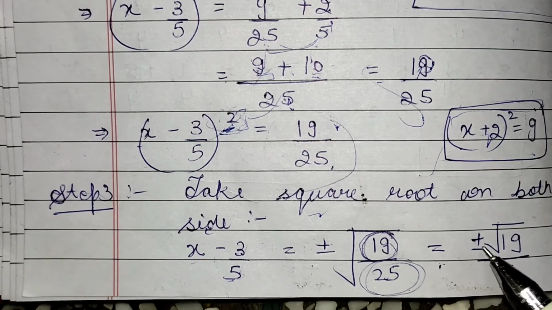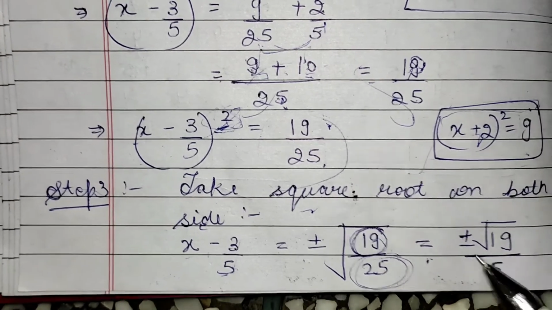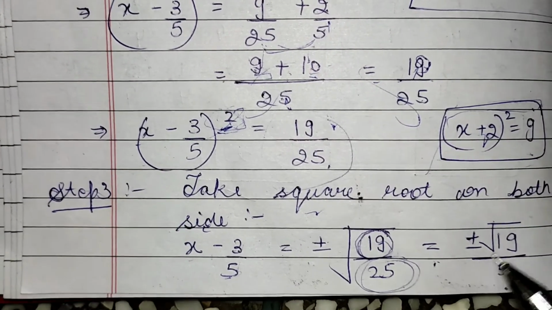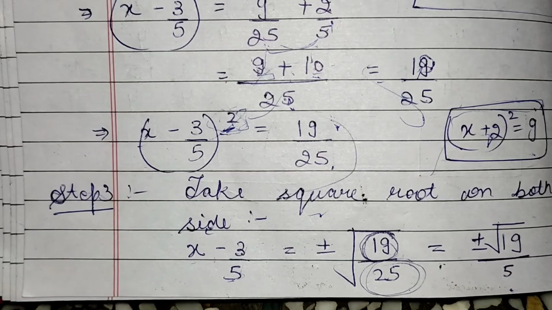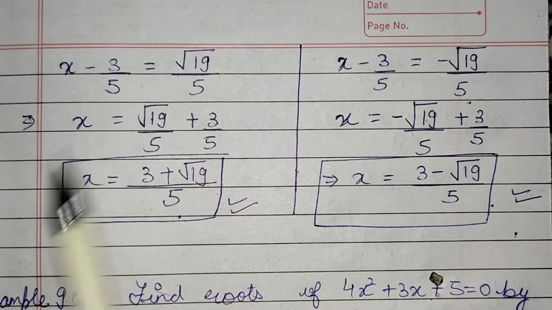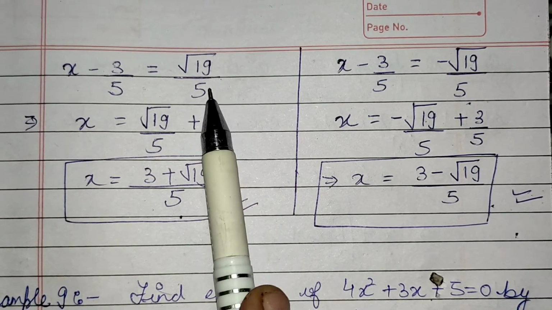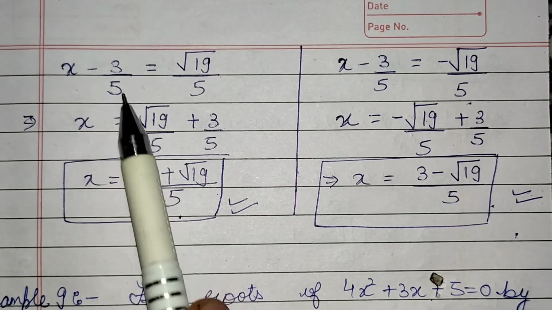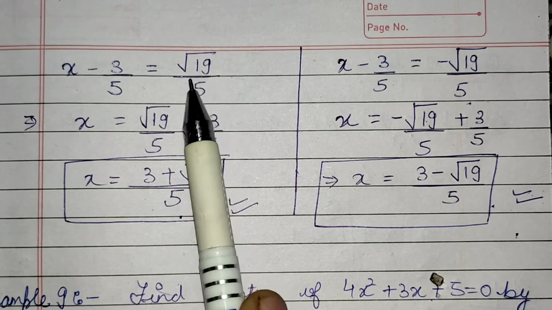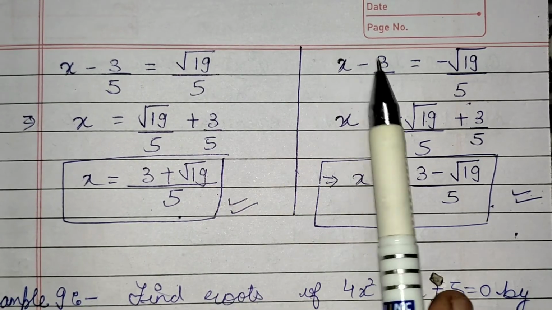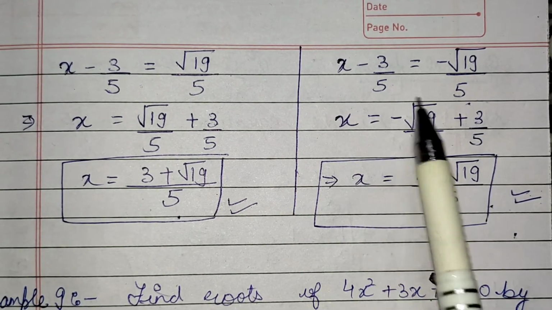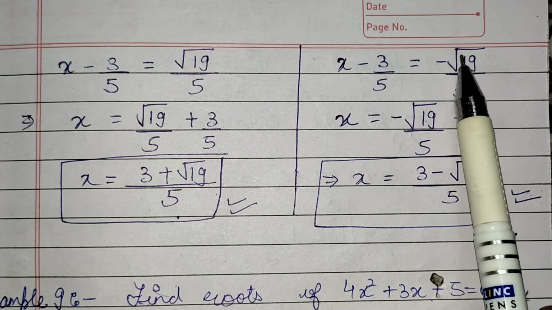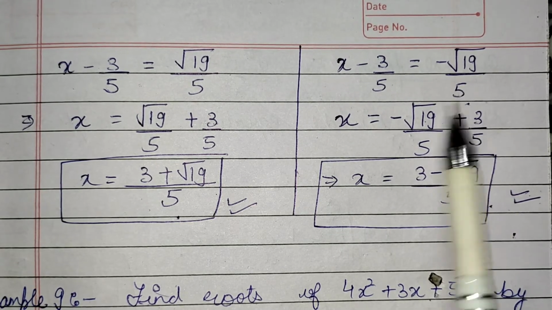That equals plus minus root 19 divided by 5. So solve this equation by taking once the positive sign and another time the negative sign. That means x minus 3 by 5 is equal to root 19 by 5, and x minus 3 by 5 is equal to minus root 19 by 5.